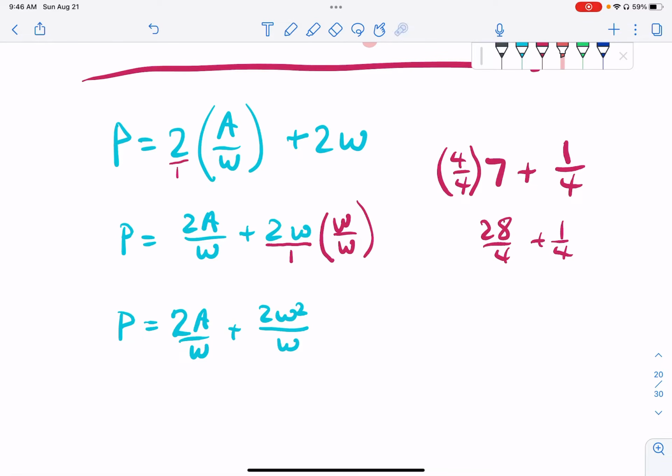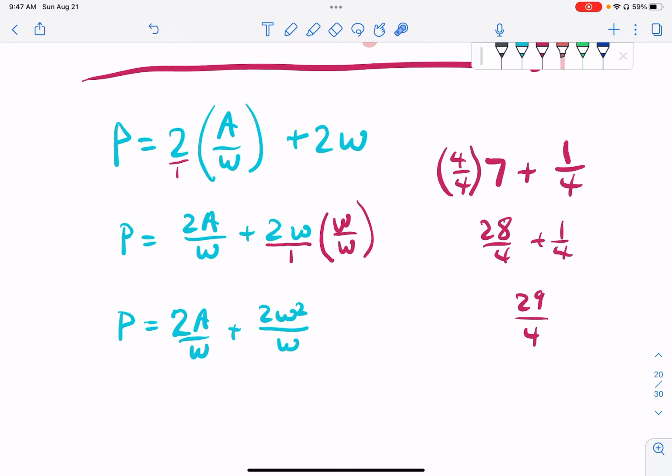And one last thing: whenever you combine these two fractions, you add up the tops and keep the denominators the same. For example, in the example I just showed you with numbers, I would add the two tops to get 29, and then keep the bottom as a 4.